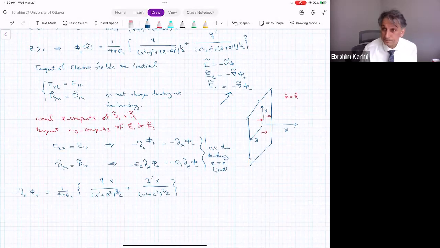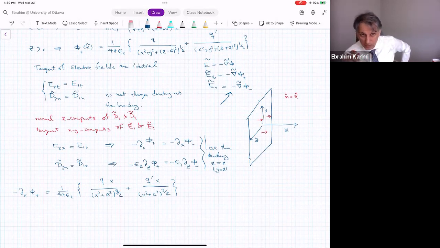Do you agree? The derivative with respect to x is minus 1/2 of 2x divided by the denominator to the power of 3/2. Since there is a minus sign here, the minus goes away. There is a coefficient of 2 which cancels with the 1/2.